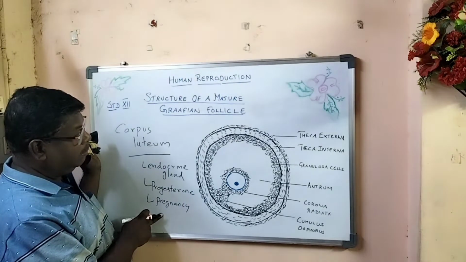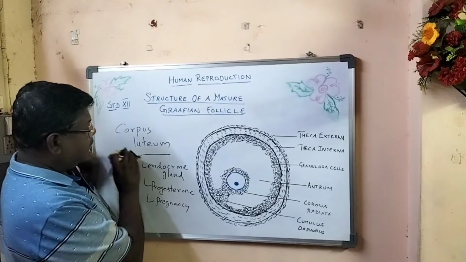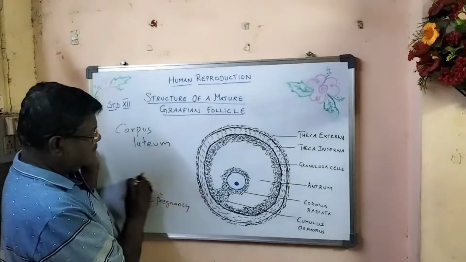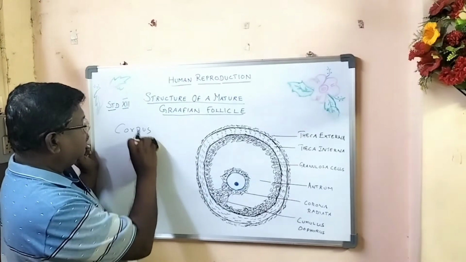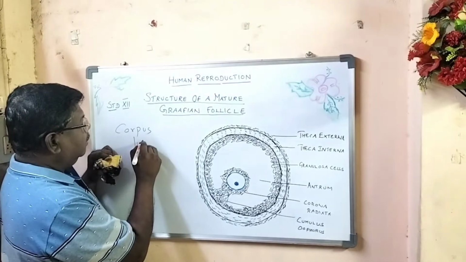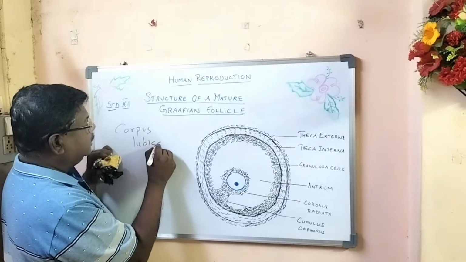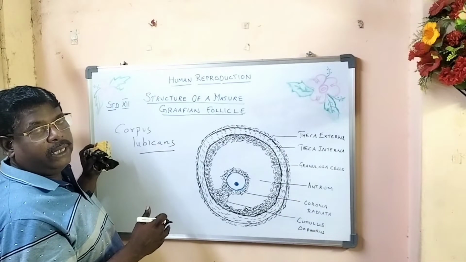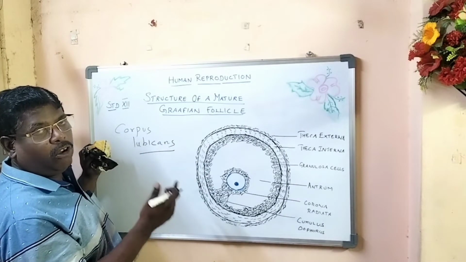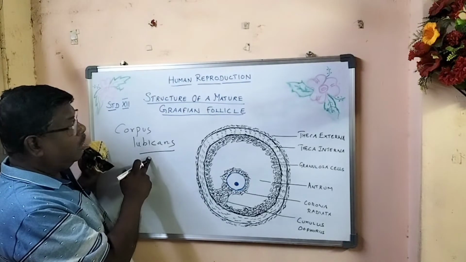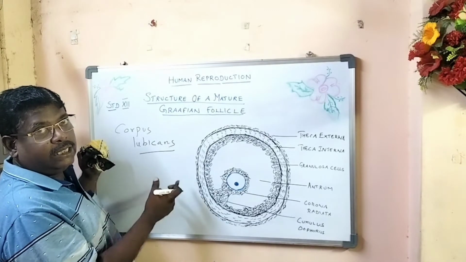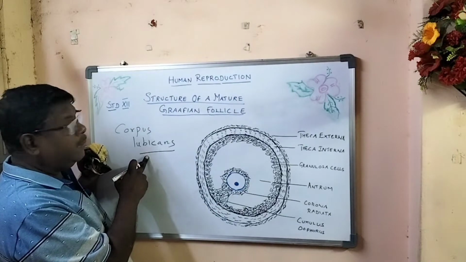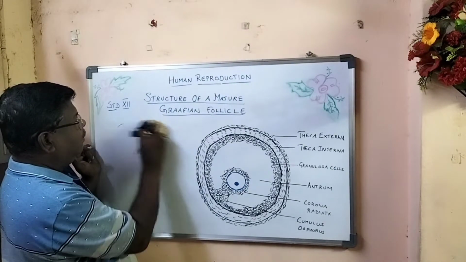Then corpus lubricans is nothing but the remains of the corpus luteum. The degenerated corpus luteum is called corpus lubricans.